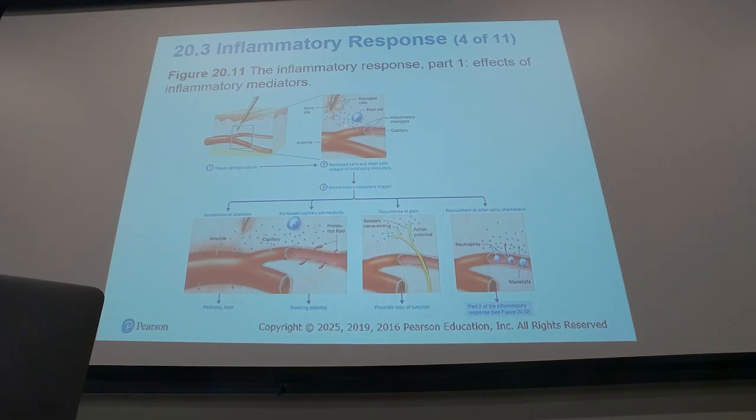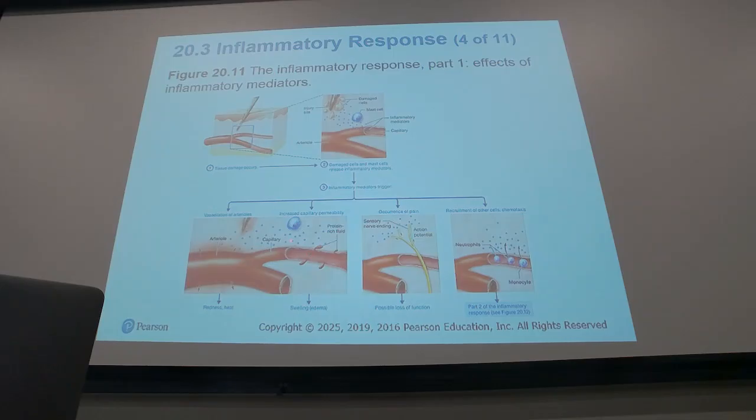You will have an injury to your skin, and then your mast cells are going to go into this area together with the neutrophils, and you will have release of chemical mediators of inflammation. These chemical mediators will open up the walls of your capillaries.